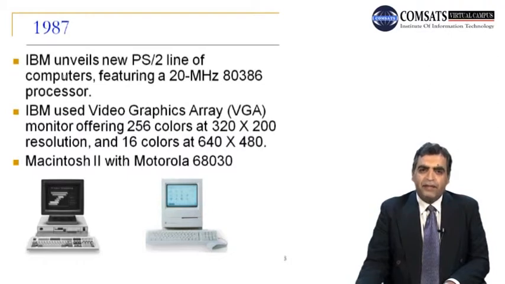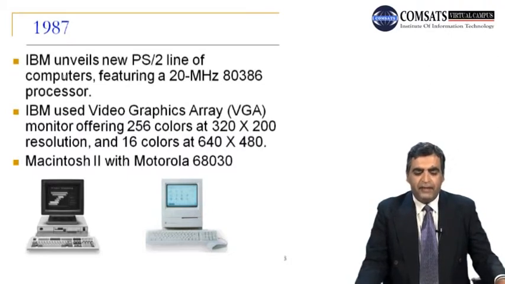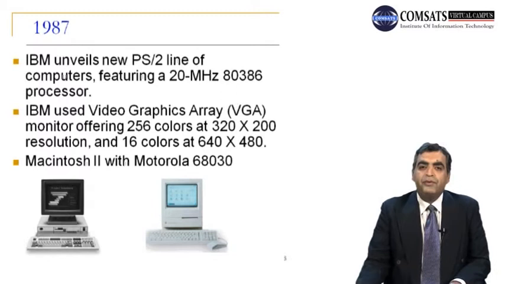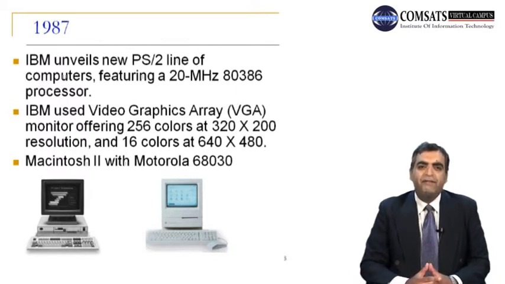In 1987, IBM unveiled the new PS/2 line of computers, featuring a 20 MHz 80386 processor. IBM used the VGA, meaning Video Graphics Array, monitor, and it was offered in two varieties, offering 256 colors at 320 by 200 resolution.